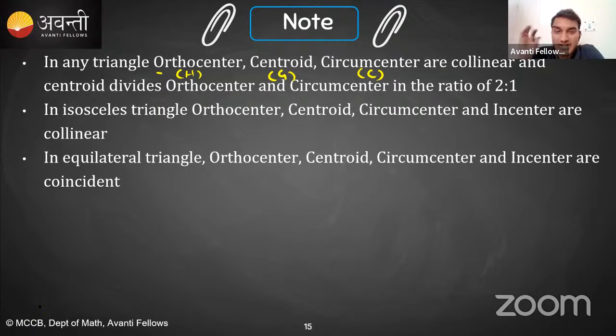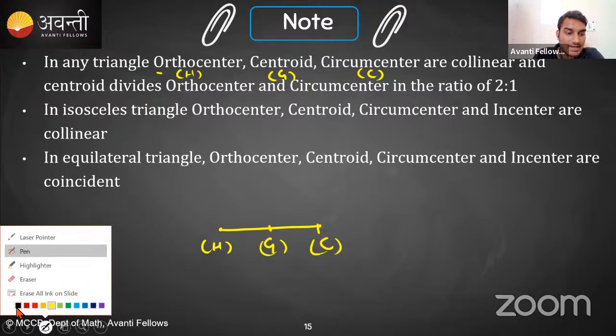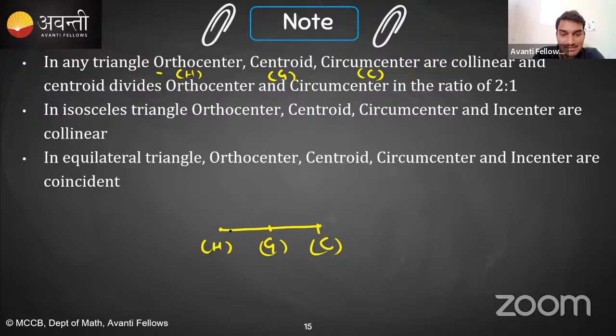Means in any triangle in the world, the orthocenter, centroid and circumcenter are collinear; they always lie on the same line, and the centroid always divides this line segment between orthocenter and circumcenter in the ratio 2:1. Means G will be (2C plus H) upon (2 plus 1).